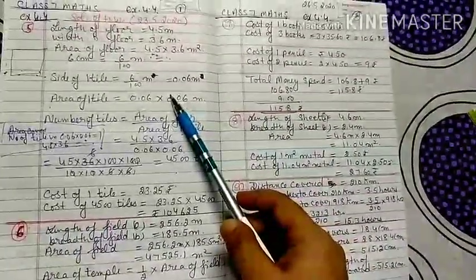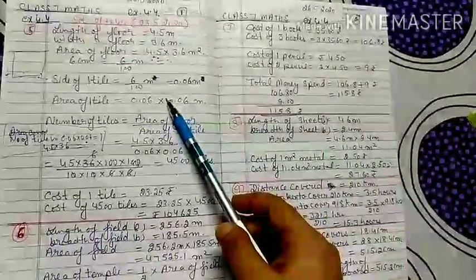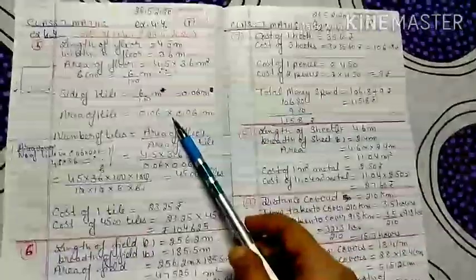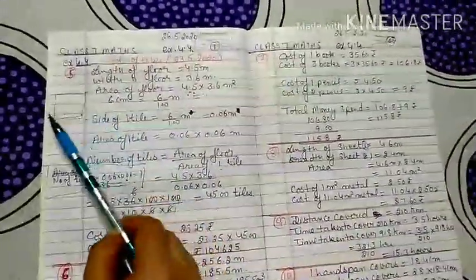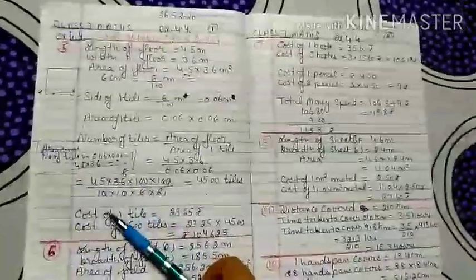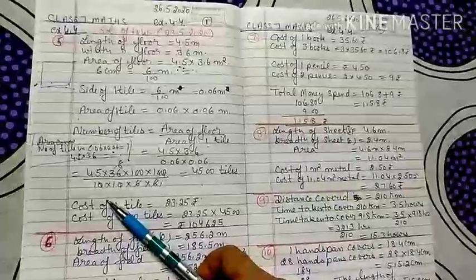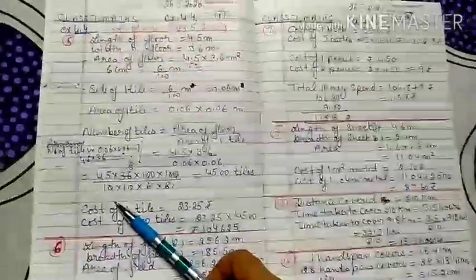A 6 centimeter square tile costs 23.25. What will be the cost to cover the floor with these tiles? Actually, this is a floor and it should be covered with square tiles, and the measurement of the square tiles is 6 centimeter and cost 23.25.